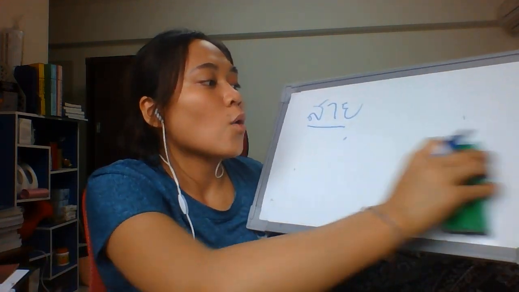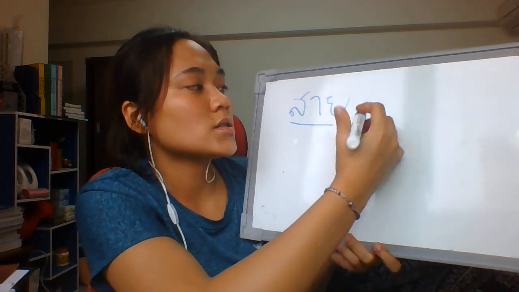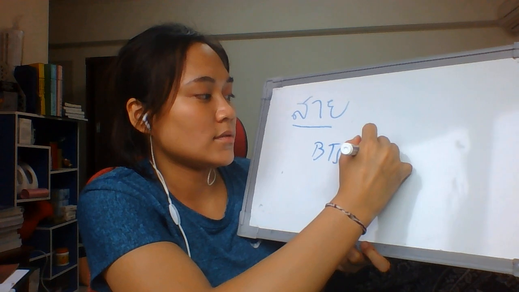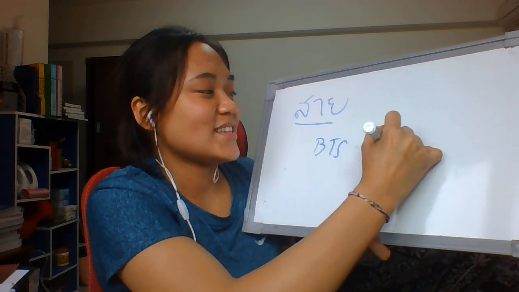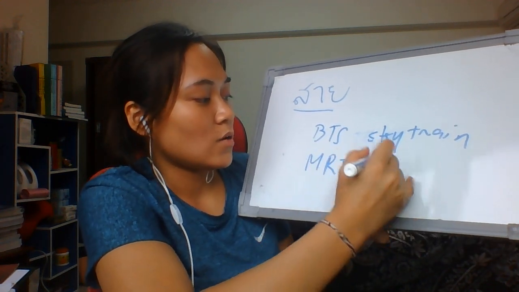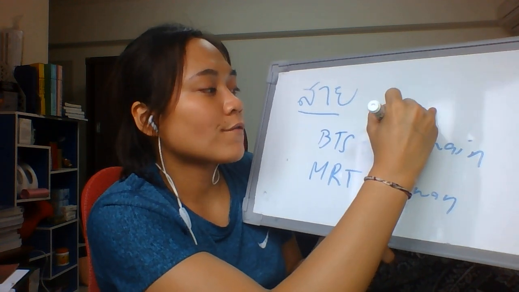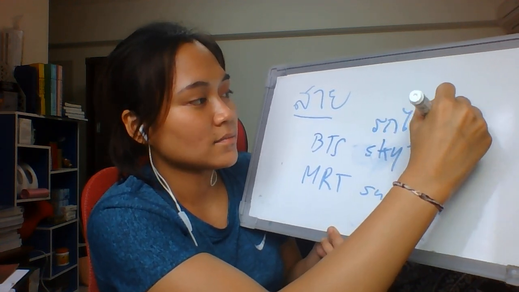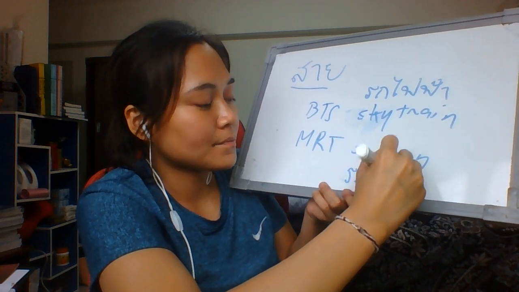We also have BTS and MRT. BTS we call SkyTrain, and MRT is like the subway for us. In Thai, SkyTrain we call รถไฟฟ้า, and subway we call รถไฟใต้ดิน.